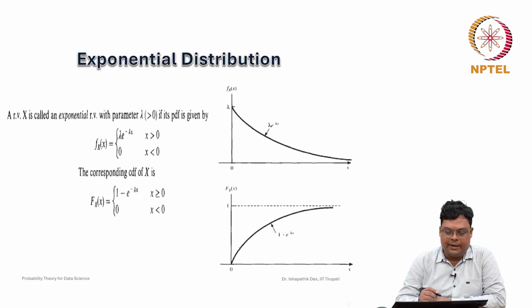Now, we will discuss another important continuous distribution, called the exponential distribution. A random variable x is called an exponential random variable with parameter lambda greater than 0 if its probability density function is given by f of x equal to lambda e to the power minus lambda x when x is greater than 0, and 0 whenever x is less than 0.